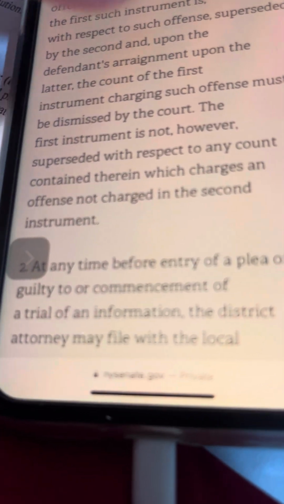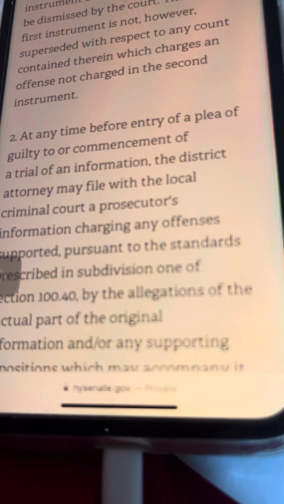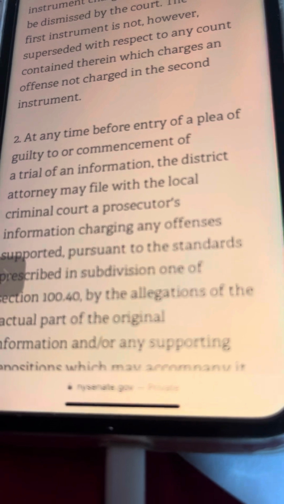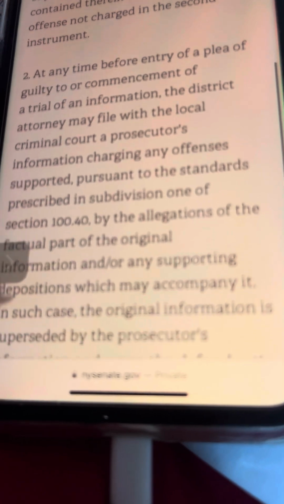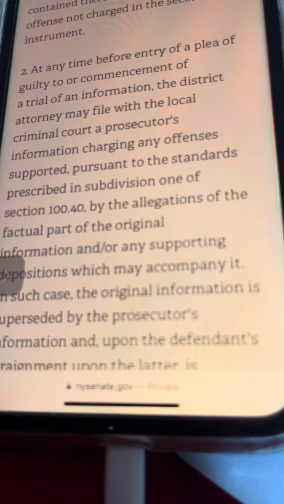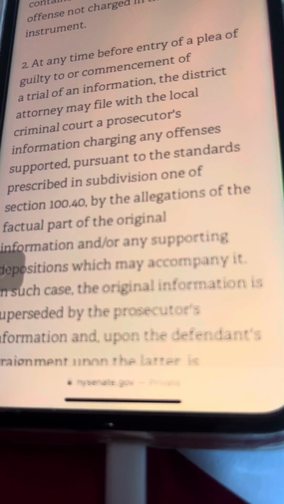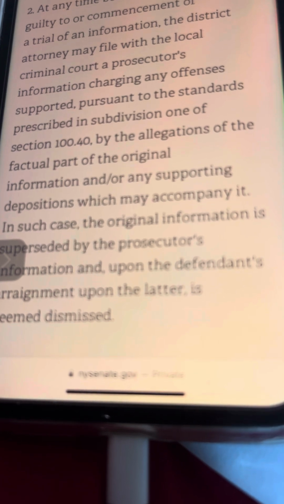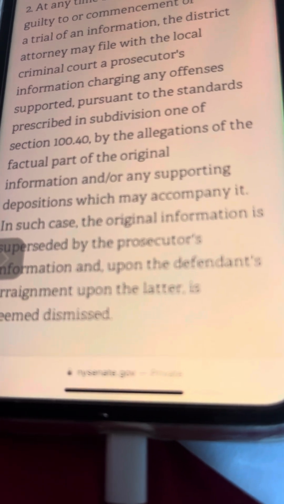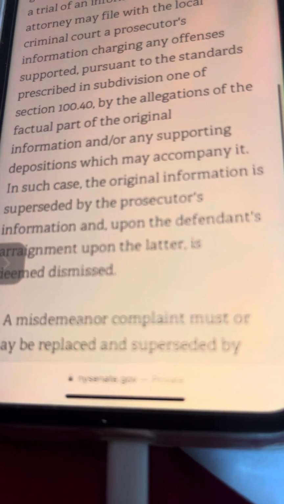Okay, then if we go on, this is very interesting, number 2. So it's 100.52. At any time before entry of a plea of guilty to or commencement of a trial of an information, the district attorney may file with the local criminal court a prosecutor's information charging any offenses supported, this is very interesting, pursuant to the standards prescribed in subdivision 1 of section 100.40 by the allegations of the factual part of the original information and or any supporting depositions which may accompany it.